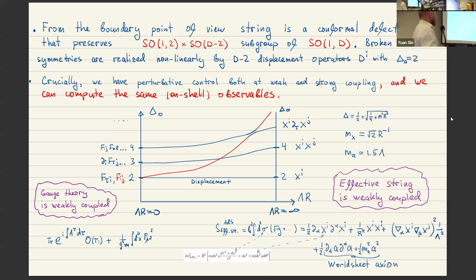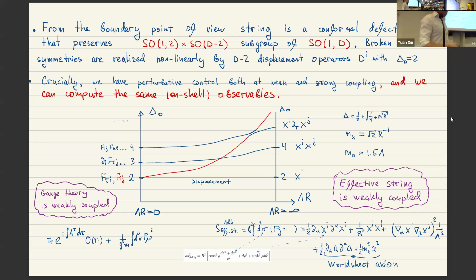So now in 4 dimensions, there is one operator that, again, we think is in some sense special. It starts again at dimension 2. It is this F_ij operator that has the quantum numbers of the axion. What we believe, indicated by these red lines, is that when we go to strong coupling, this energy level should acquire linear growth, consistent with having a massive particle on the world sheet.